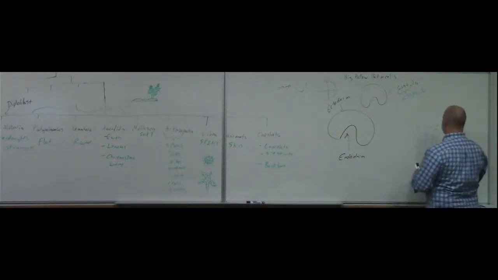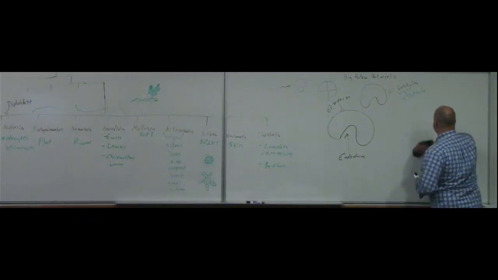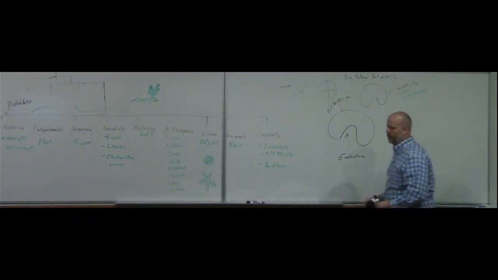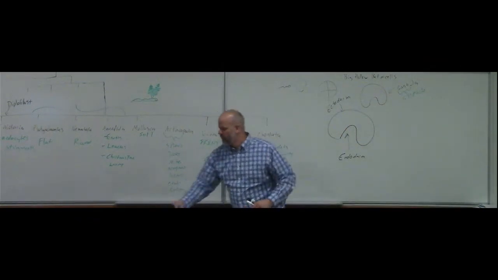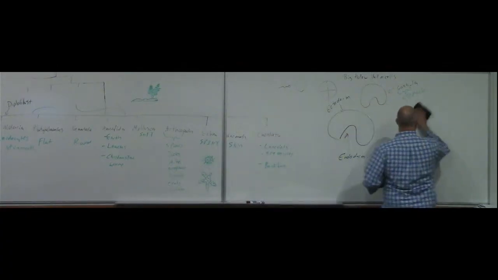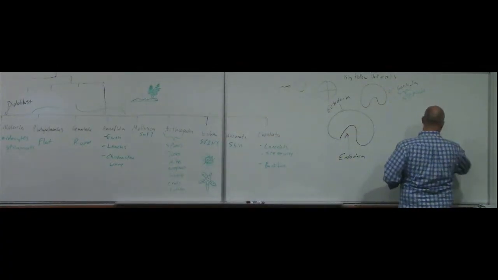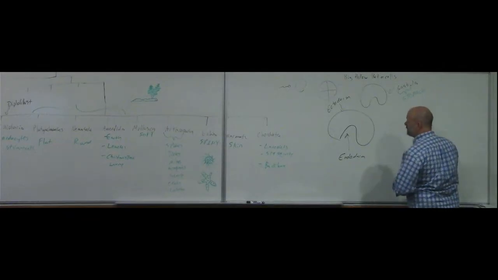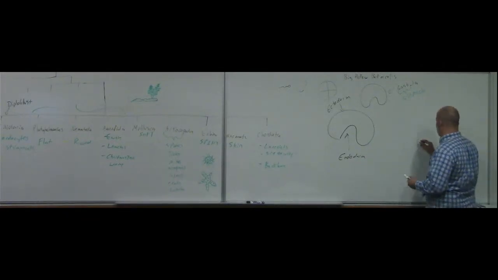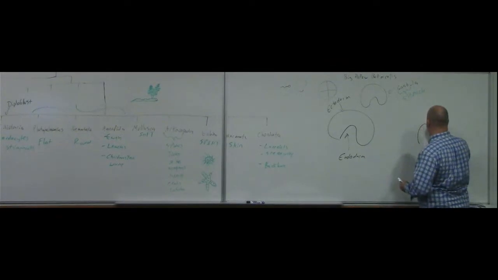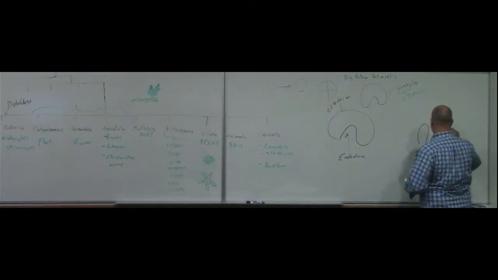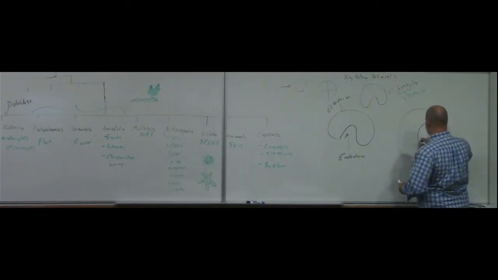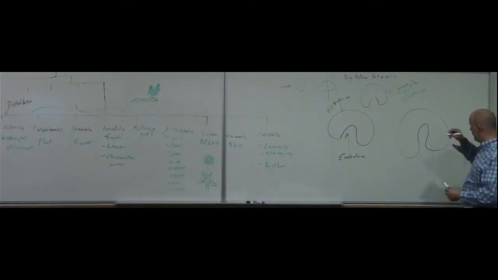And so what happens with everybody else is as this embryo, this zygote, whatever, begins to develop, this becomes much more of a serious thing, and we're starting to take on a different shape.